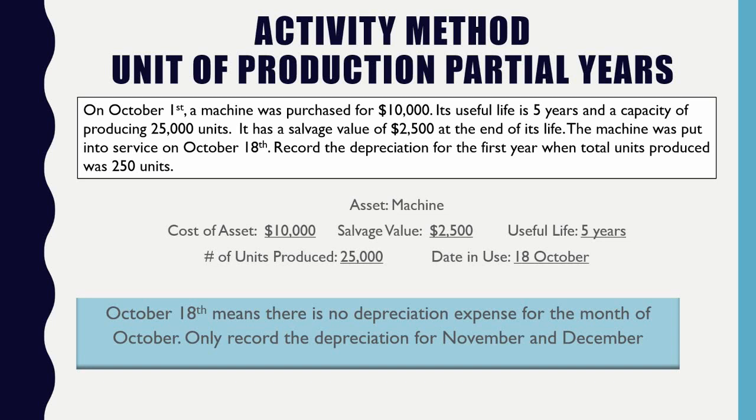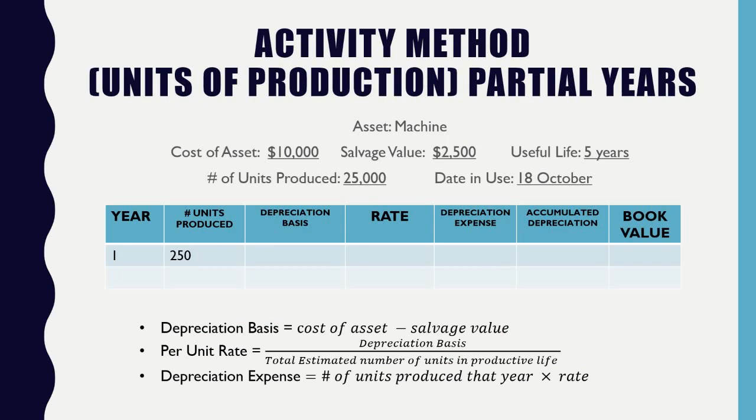So let's go ahead and take a look at this example here. Between those 2 months, you were given that you produced 250 units. So in this case, you're going to go through the same process over again. You're going to determine the depreciation basis, the rate, and the depreciation expense for that year.